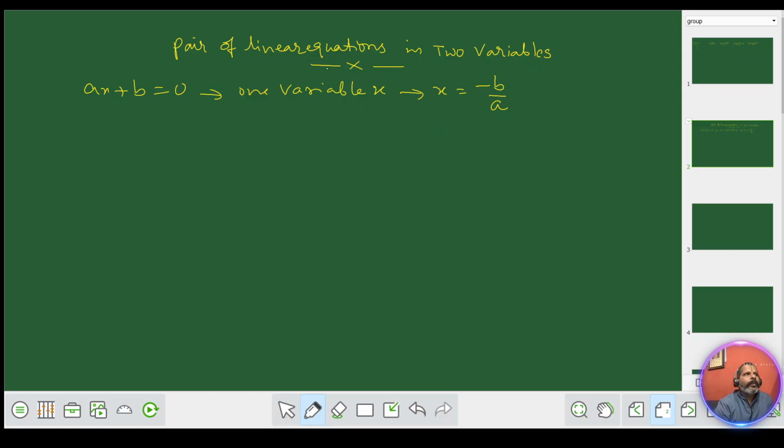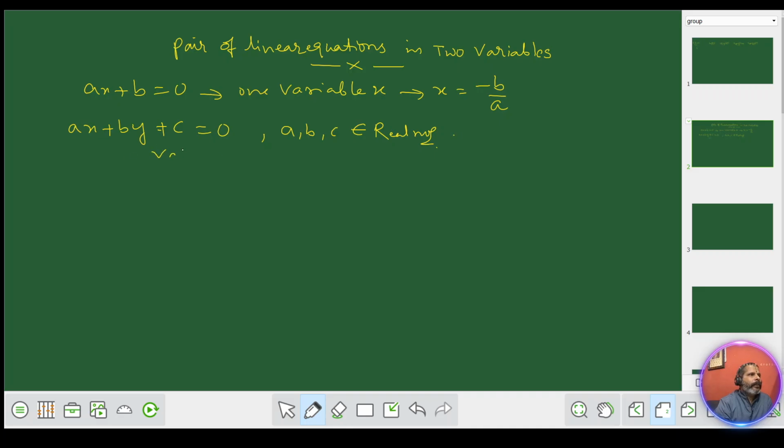Now let's see the linear equation in two variables. ax plus by plus c equal to 0 is a linear equation in two variables, where a, b, c belong to real numbers. What are the variables here?